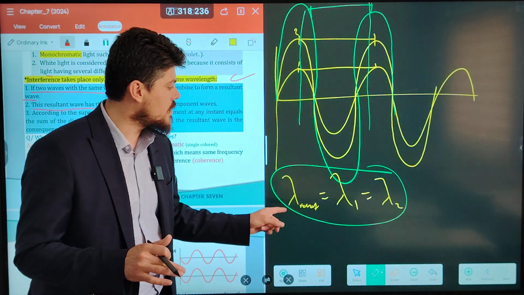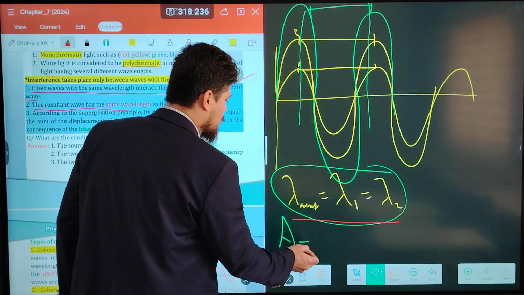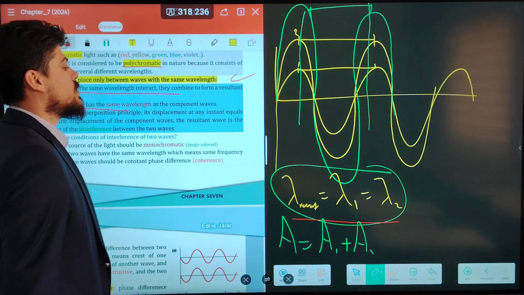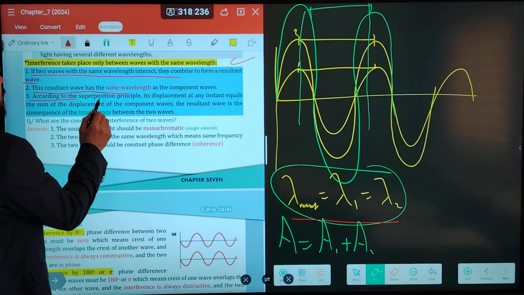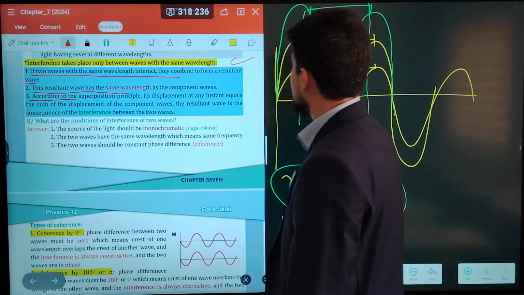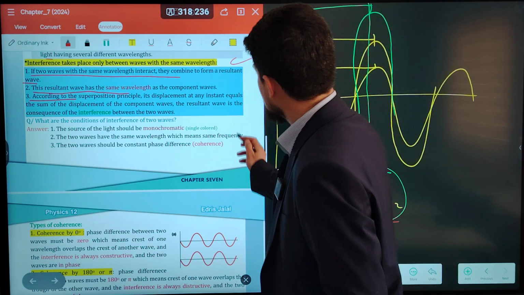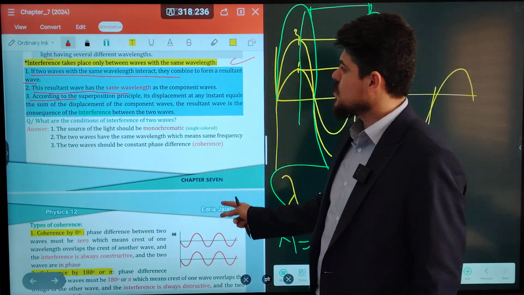No, the resultant wavelength is still the same. But for the amplitude, we have to add up the two individual amplitudes, so the brightness increases. According to the superposition principle, the displacement at any distance is equal to the sum of the displacements of the component waves. The resultant wave is the consequence of the interference between the two waves.